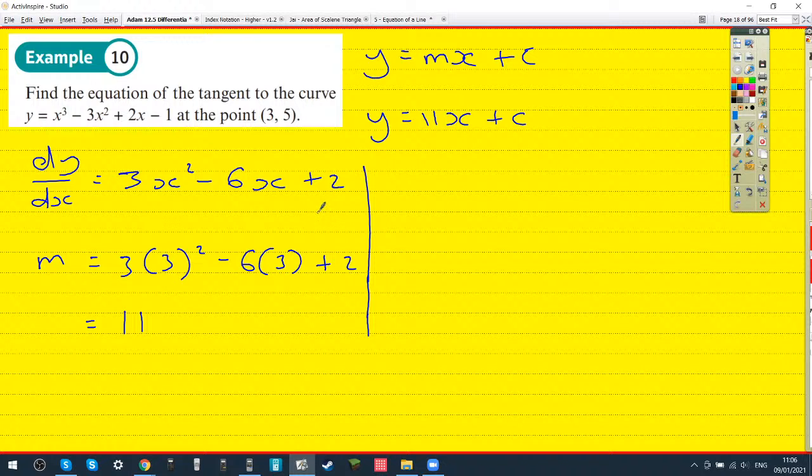Instead of y, would you put x cubed minus 3x squared plus 2x minus 1? You could. That'd be an incredibly long way of doing it. What else is y? 3x squared minus 6x plus 2. That's dy/dx. y is also 5. Yeah.